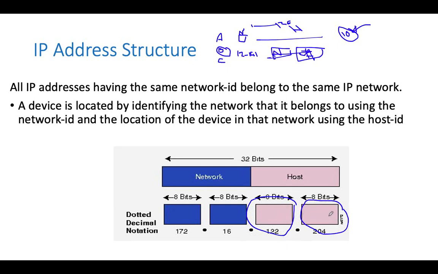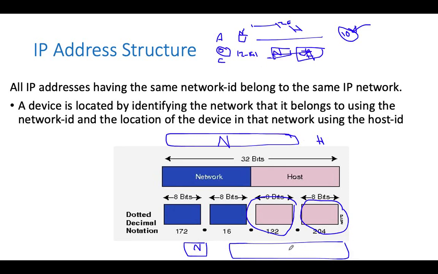So the more hosts you need, the more you take from the network piece. If I have 200 only, I will take 3 bytes for network and 1 for host. If I have more, I will take 2 for 2. If I have more and more, like thousands or hundreds of thousands of devices, I will take 1 for network and 3 for host.